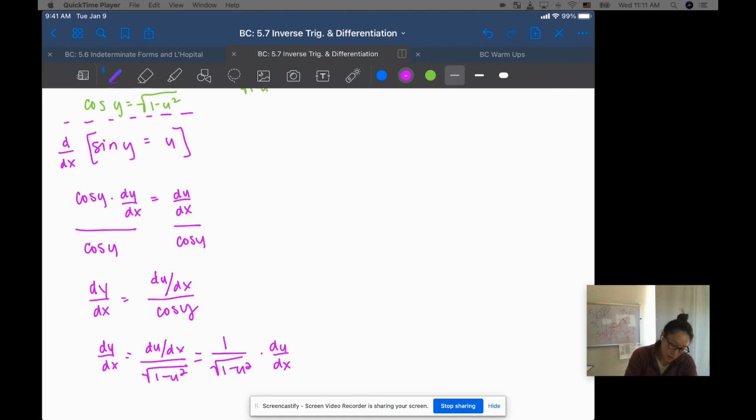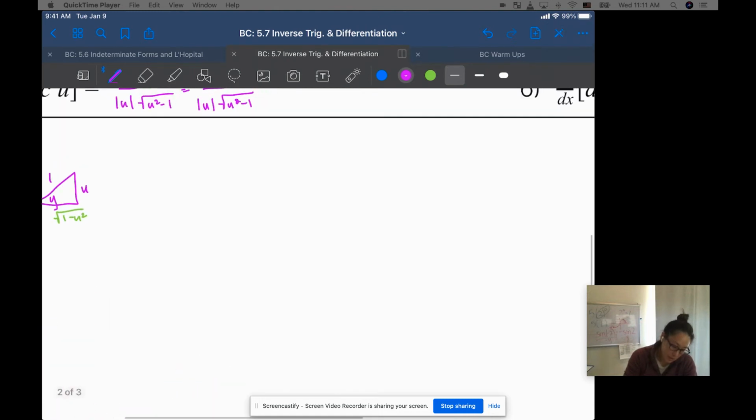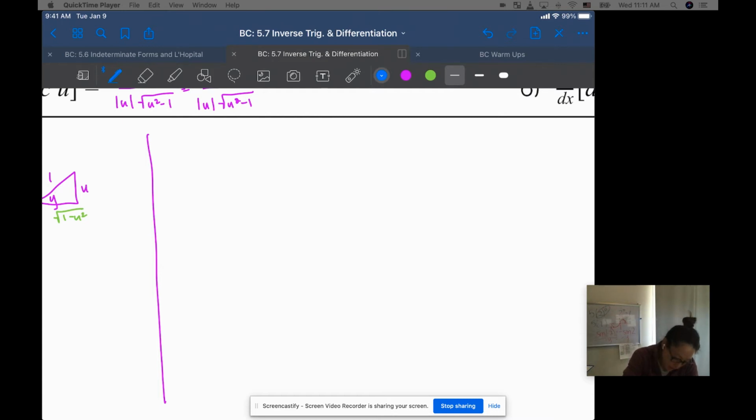All right, so let's prove tangent now. We're going to start with y. We're going to let y equal the arctan of u. So we'll just rewrite that in another form, which is the tangent of y is equal to u.